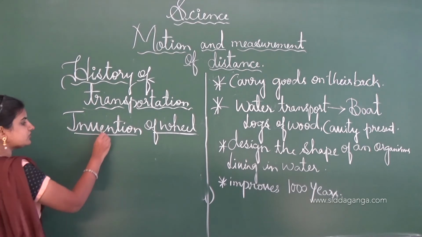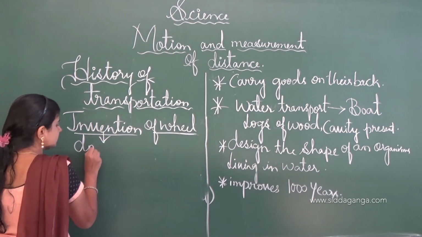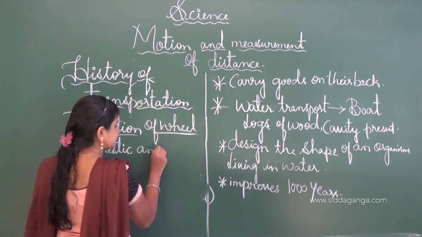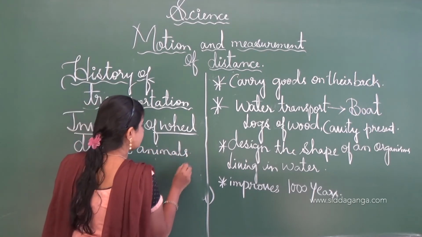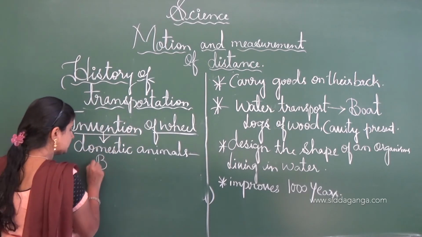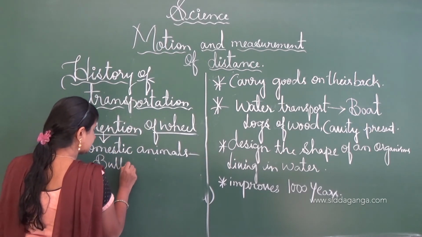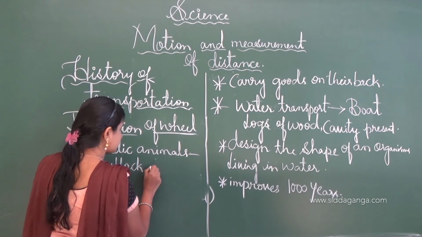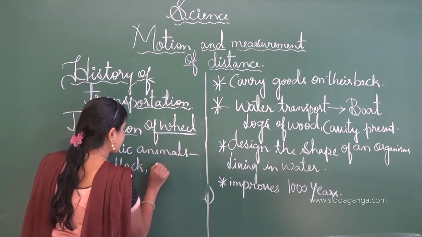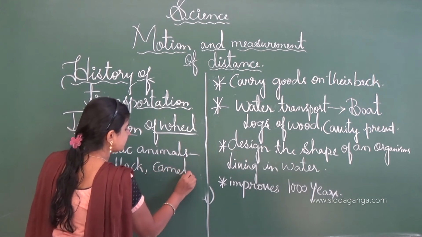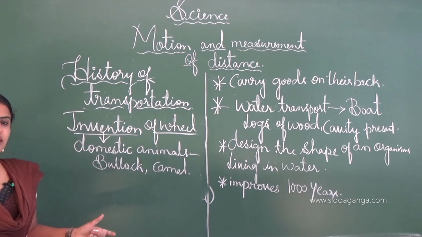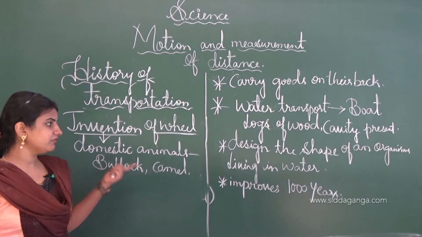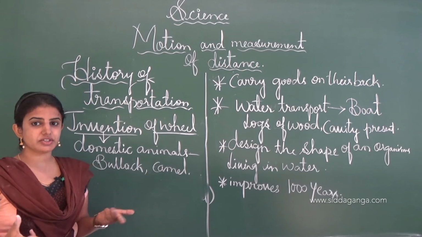And usually domestic animals were used, like bullock, camel, etc., to pull the cart which is made up of a wheel, and like that the invention of a wheel made a great change in those days.